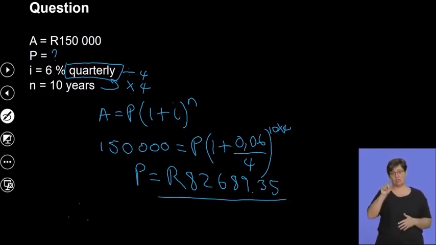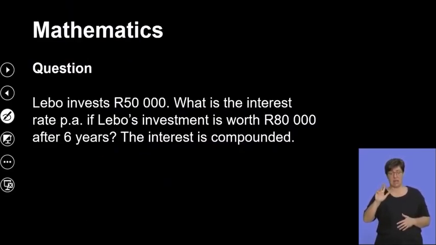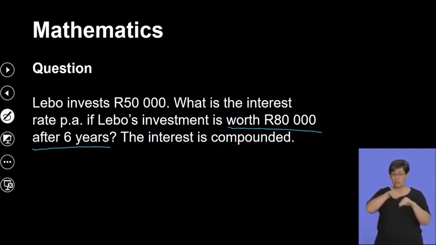All right, so you will then conclude, therefore, Kian invested 82,689 and 35 cents. The second question: Lebo invests 50,000. We need to know what the interest rate per annum is if Lebo's investment is now worth 80,000 after 6 years of investing. The interest is compounded, but they are not specifying how, so we're just going to take it as compounded per annum, meaning yearly.